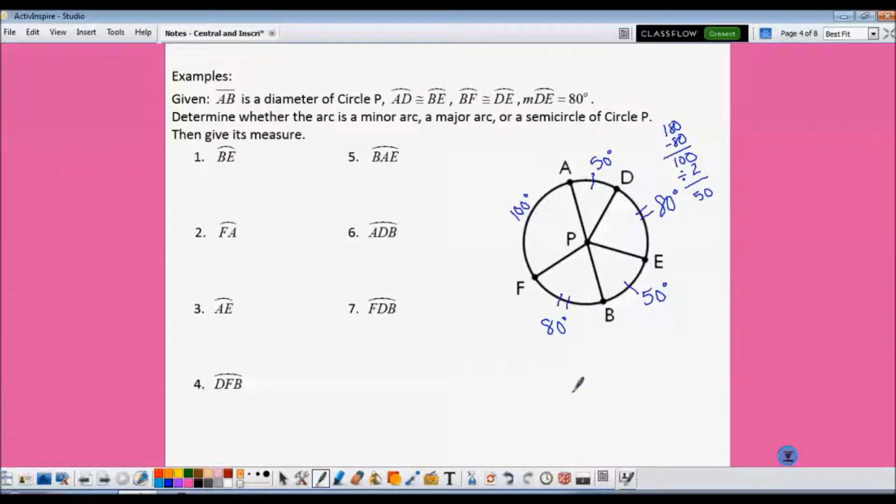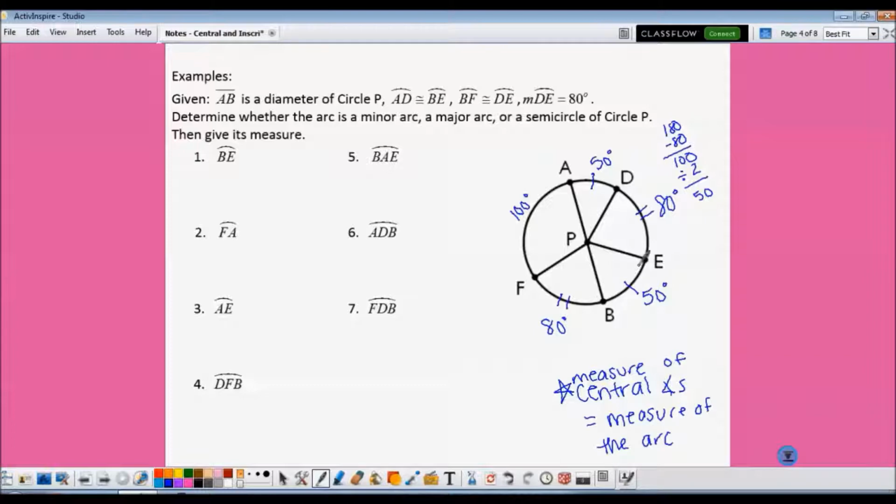Now, one thing I'm going to point out here, even though the question doesn't ask us for it, is these angles inside, the central angles. The measure of your central angles is congruent, or is equal, to the measure of the arc.